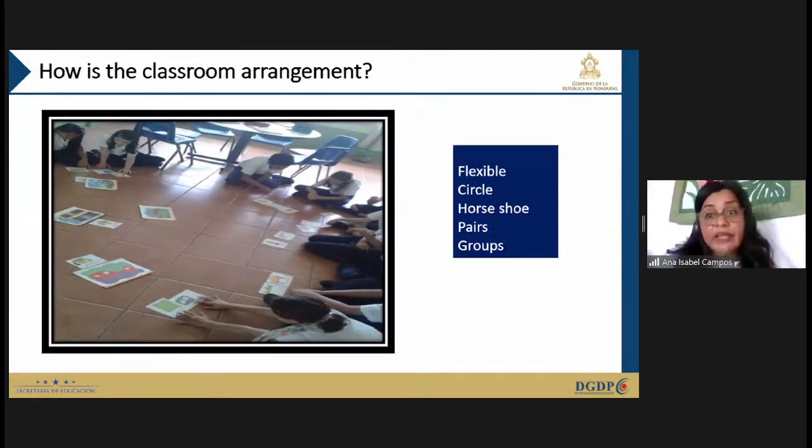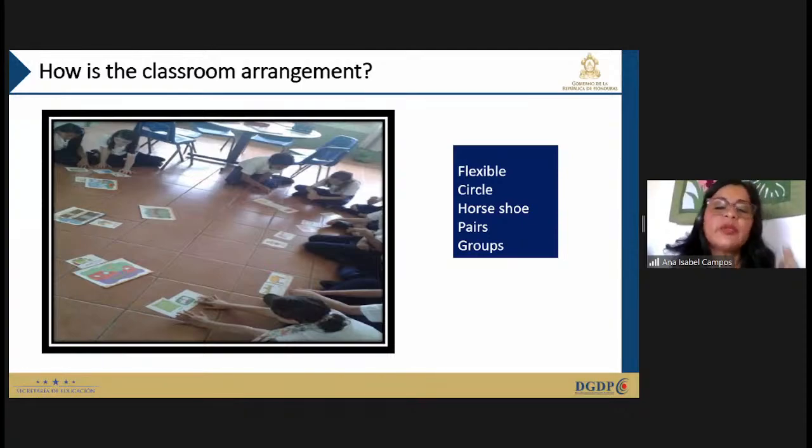And the classroom arrangement as well is very important, right? As I said before, we need to think about other types of classroom arrangements that facilitate interaction. So it has to be very flexible, and it must also catch students' interest, so that this environment can change, it's not fixed.